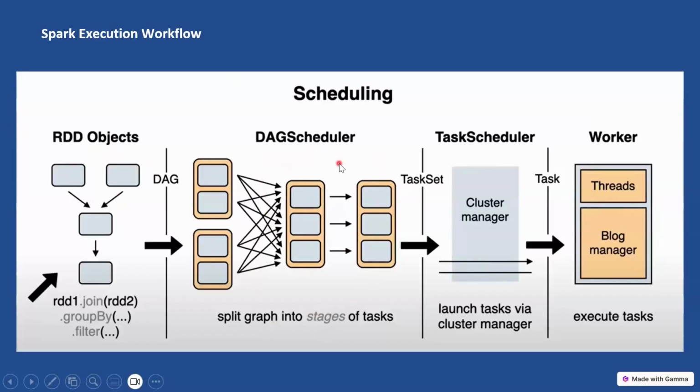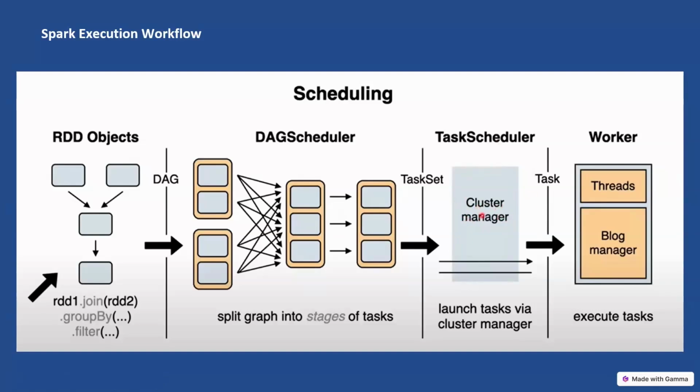Now, once those stages of tasks are ready, who executes them? It's your task scheduler, with the help of the cluster manager, right? I told you, your application driver will execute it, but the application driver has one component that is the task scheduler.